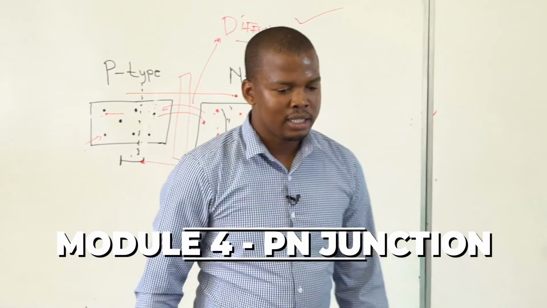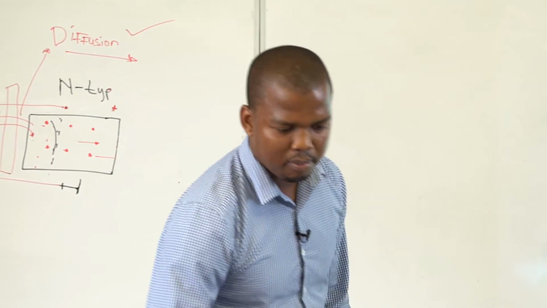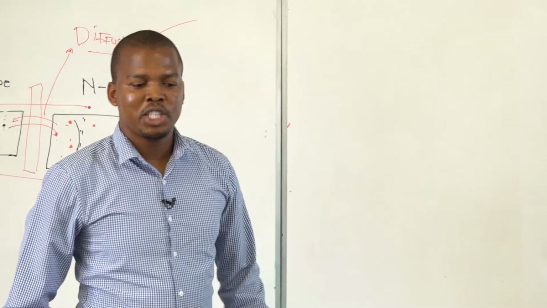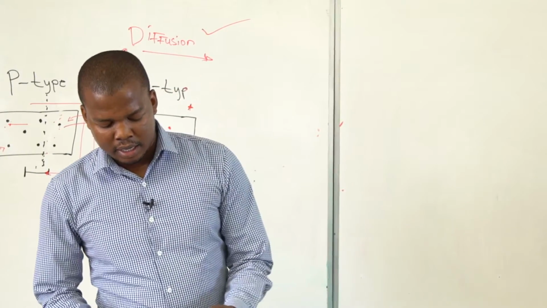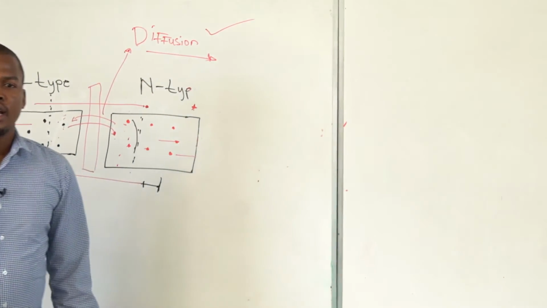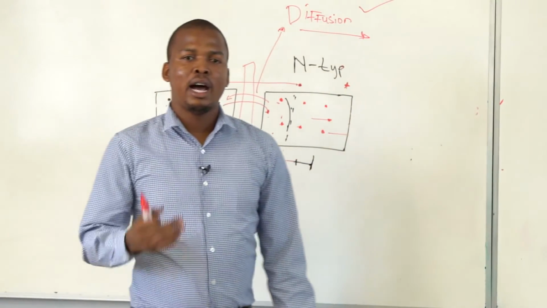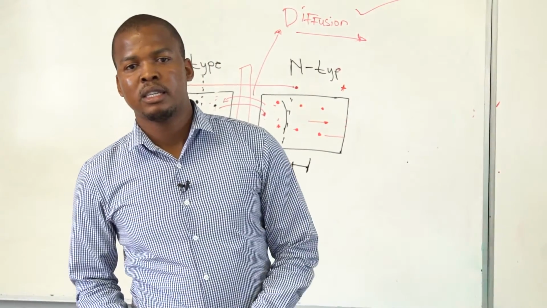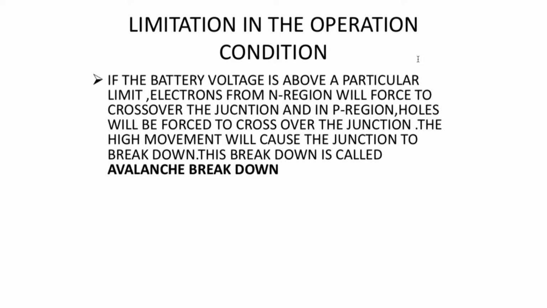Now that we have learned about the formation of a PN junction, just like any other electrical device, there are limitations in the operation of that device. In this case, we have a list of limitations on the operation conditions.